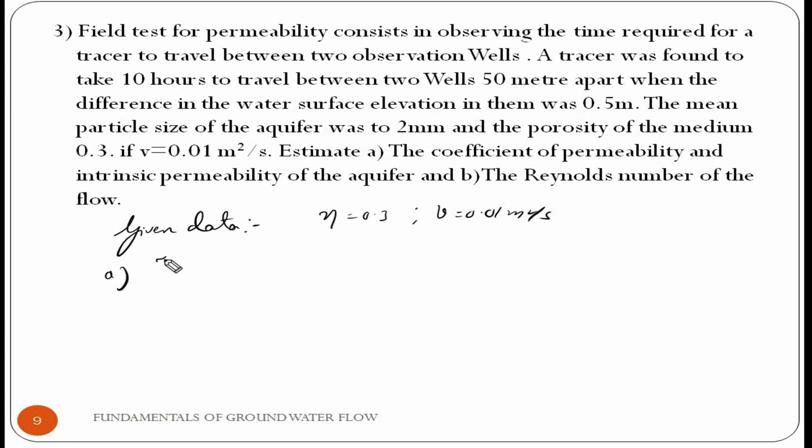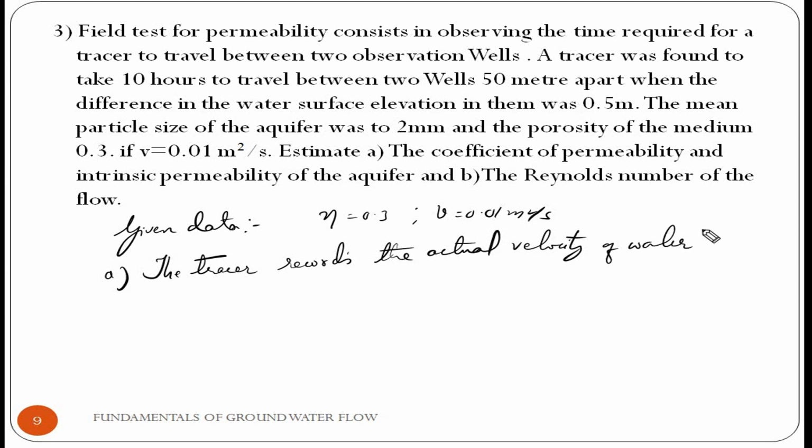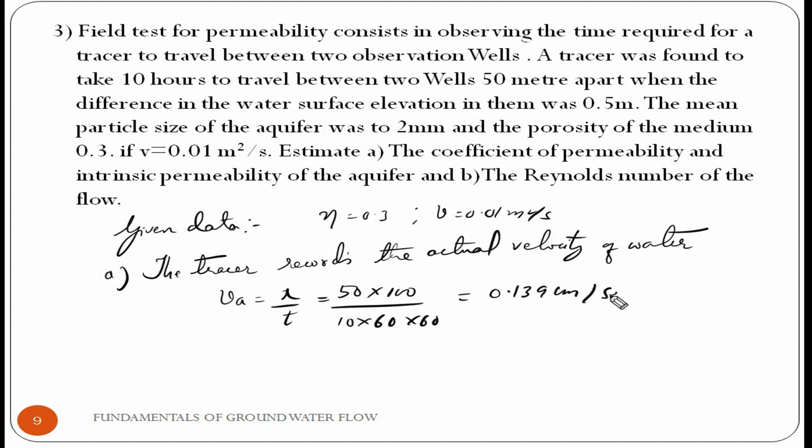The tracer records the actual velocity of water. VA is equal to x by t, which is equal to 50 into 100 divided by 10 into 60 into 60, that is 1.39 centimeter per second.